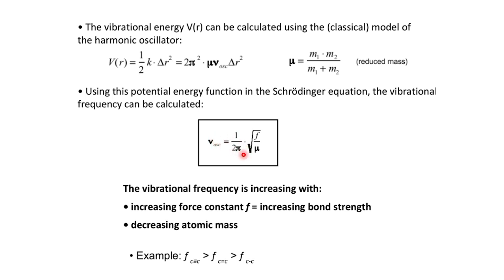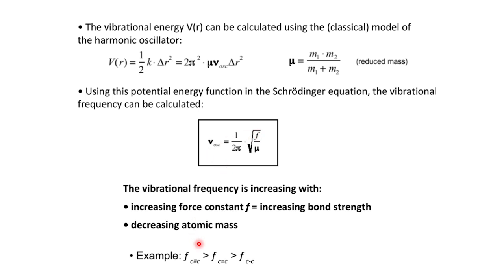Now that frequency is related with the force constant f and also the reduced mass of that particular bond between two atoms. From here you will get the idea of how the peak in FTIR will change if I change the bond strength or the atom.